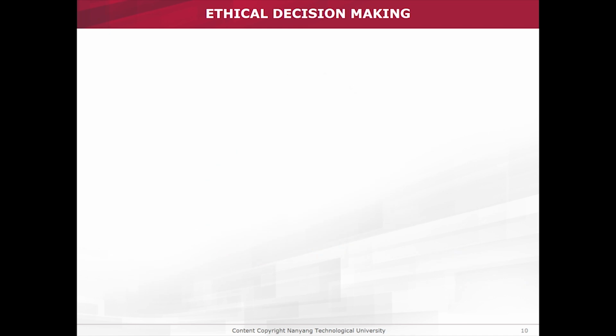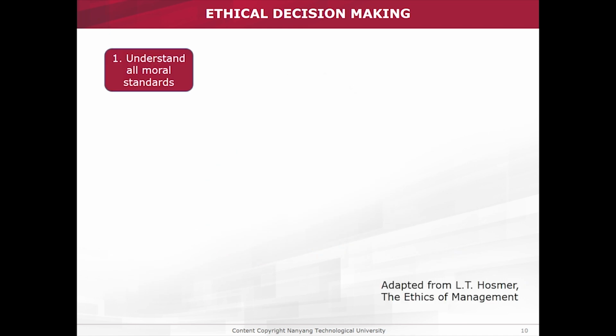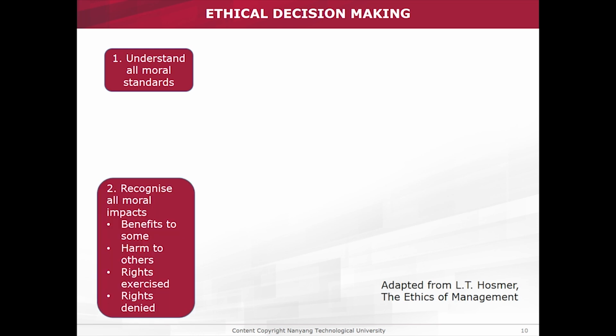Ethical decision-making process. Step 1. Understand all moral systems. Have a good understanding of the various ethical systems. Example: utilitarianism, egoism, universalism, relativism, and virtue ethics. Step 2. Recognize all moral impacts.